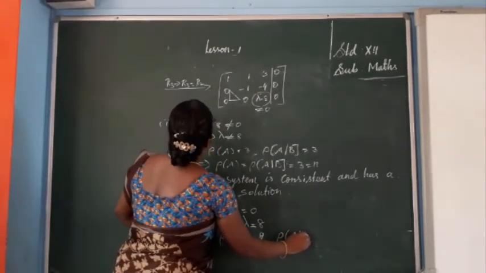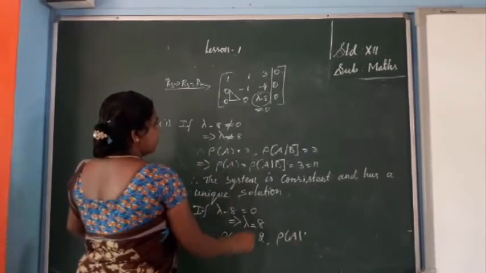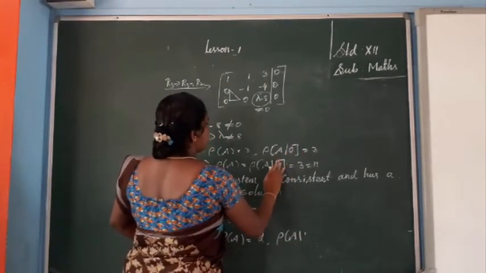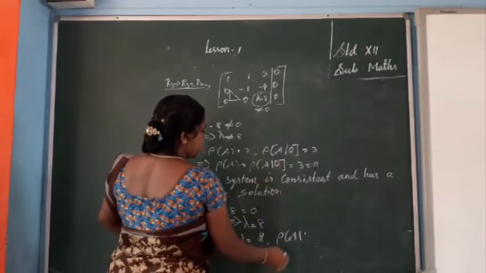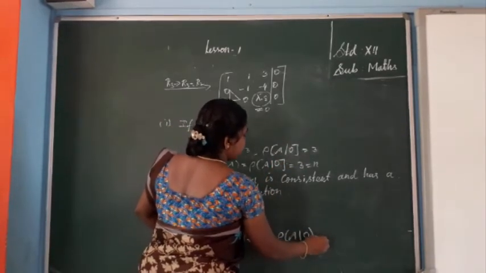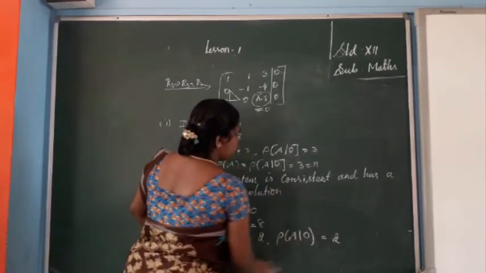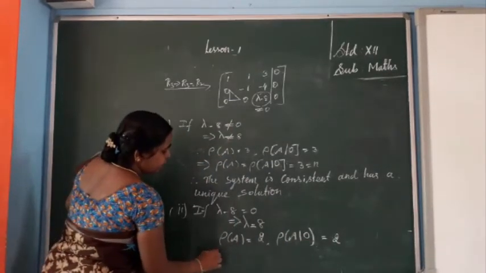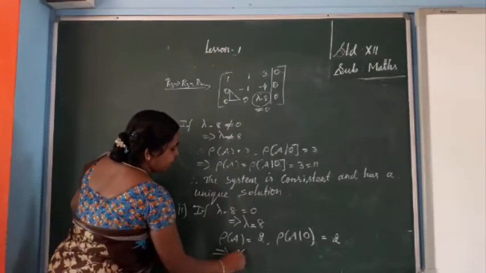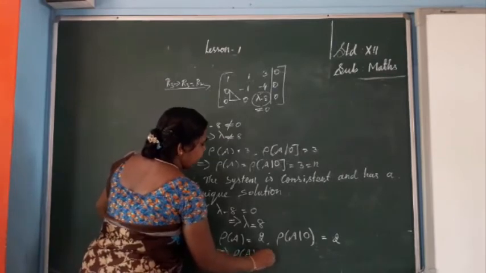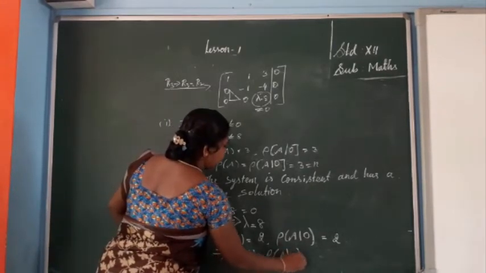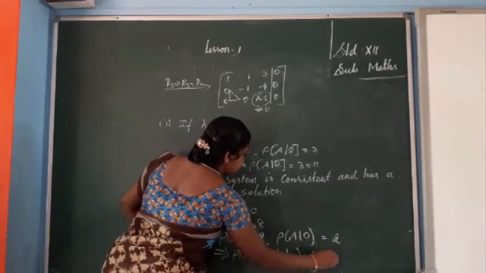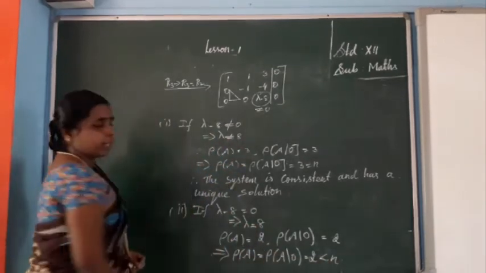Okay, so here actually you have written 0, so you write 0. B also you can write instead of 0. Therefore, rank of A equal to rank of AB equal to 2, which is less than the number of unknowns.